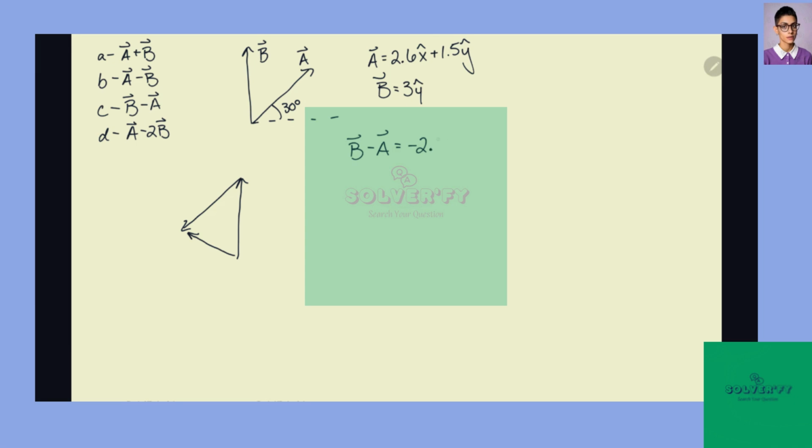So we're going to have negative 2.6 x hat plus 3 minus 1.5 y hat. So that will give us negative 2.6 x hat plus 1.5 y hat. So almost the same vector as A minus B, but we flipped the signs.